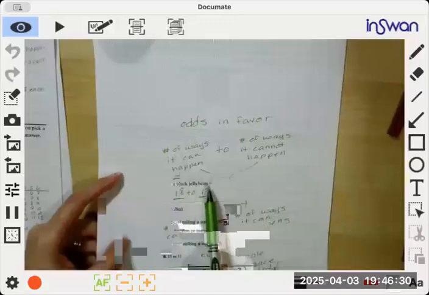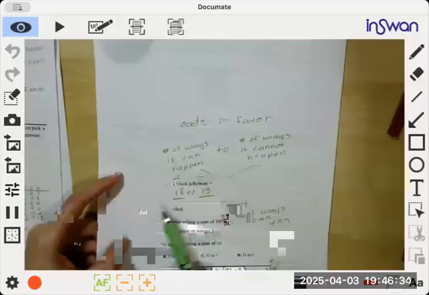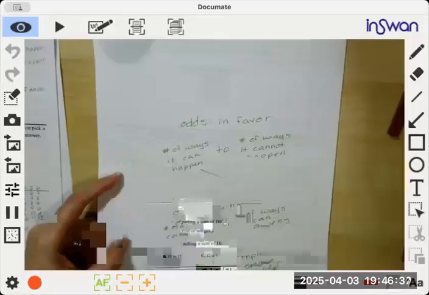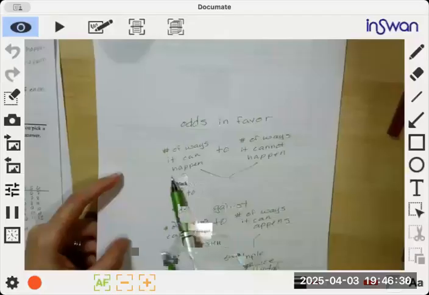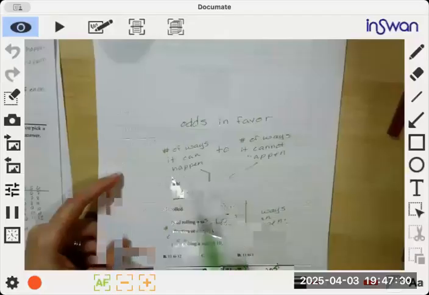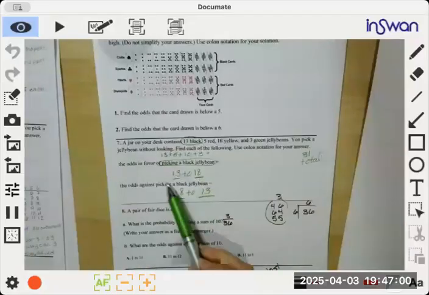Number of ways it can, number of ways it can't. You just picked out the black jelly beans first, because this one's asking about the black. So there's 13 of those, and there's 18 of them that are not. Okay, simple. And then it's just the opposite for the odds against.